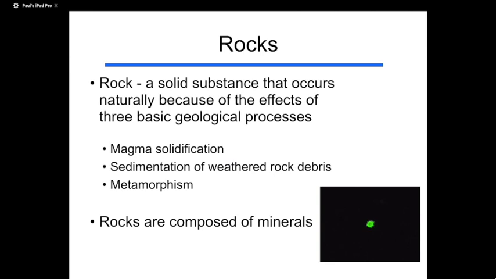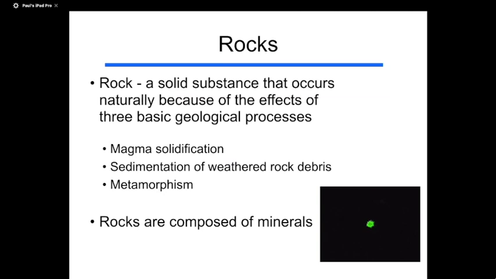Rocks are composed of a mixture of minerals. So what is a mineral? When we made ionic compounds like sodium and chloride, sodium chloride is an ionic compound, but if you find sodium chloride in nature and pick it up as a chunk, we call that the mineral halite.